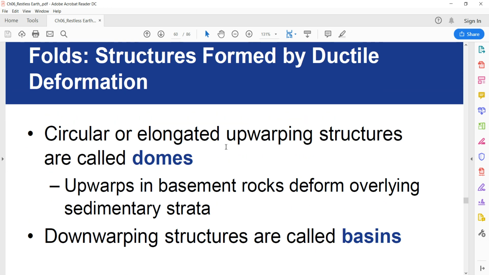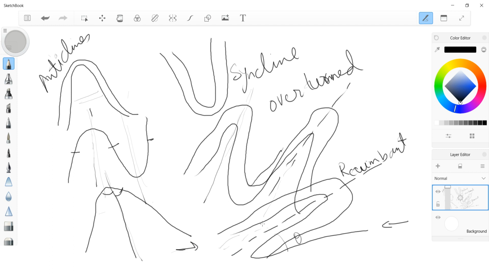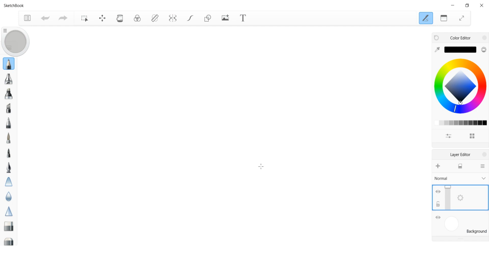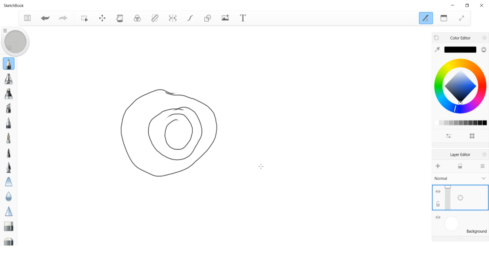Then there are some which are called domes, where your axis is not exactly vertical, so it will be more like this. If you can imagine a hat, this is what it will look like. If you have compressional force from all sides, then it will become more like a circular hat-like structure.